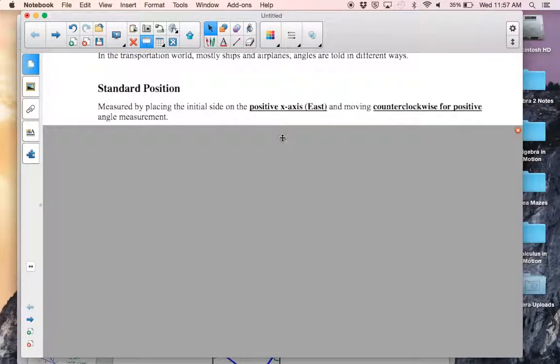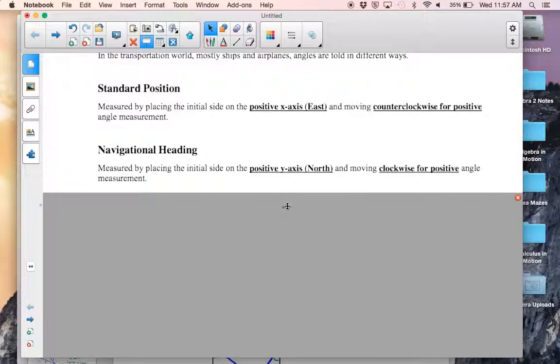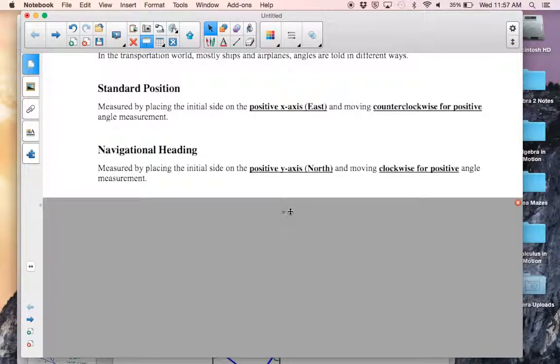Now, a navigational heading. So navigational heading is measured by placing the initial side on the positive y-axis, so north. Okay, so if you're thinking about, I'll draw it in here real quick. Here is north up at the top. So you're placing the initial side here and you're moving clockwise for a positive angle measurement.